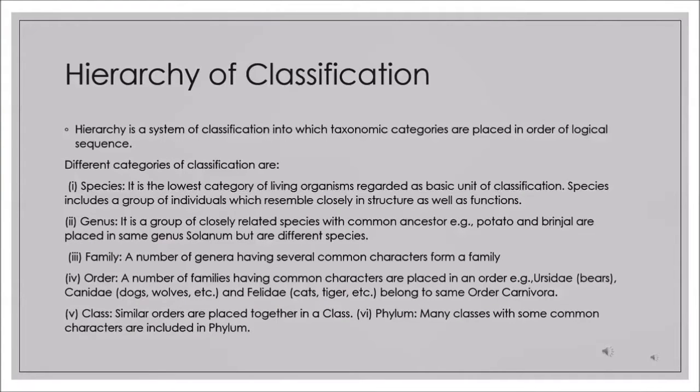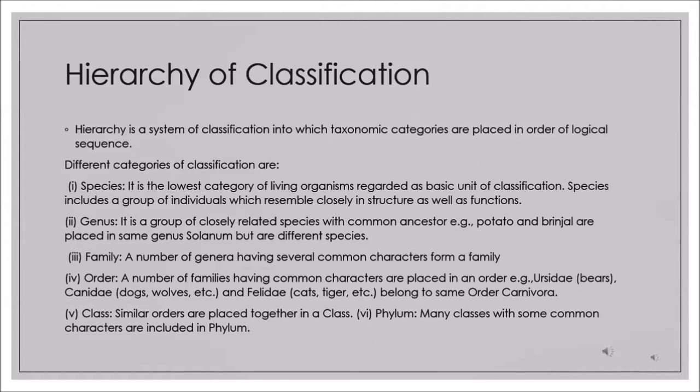The next topic is hierarchy of classification. So what is hierarchy? Hierarchy means a system of classification in which the different categories of taxonomy are arranged. So what is taxonomy? That which is used to classify, everything related to classification, is known as taxonomy. These classifications have been divided into different categories.